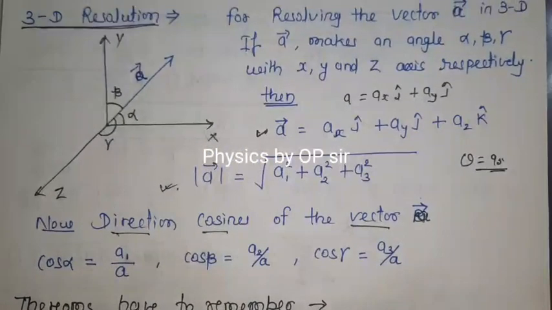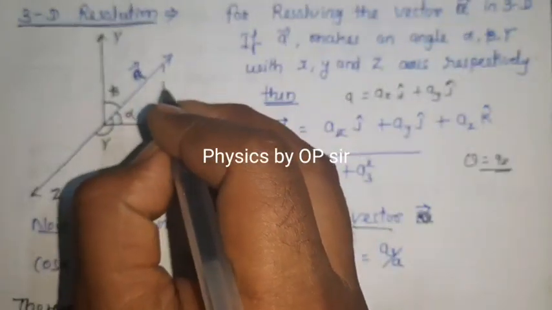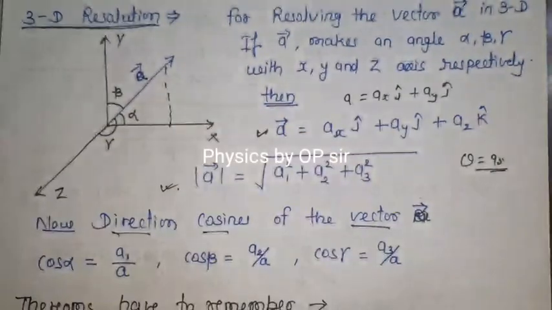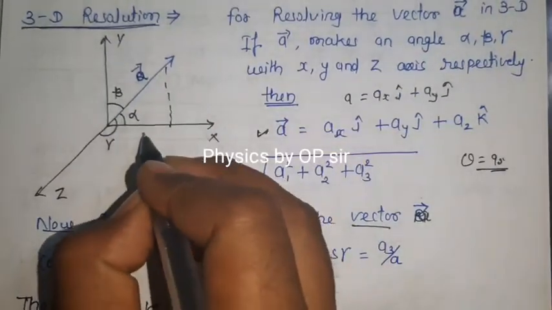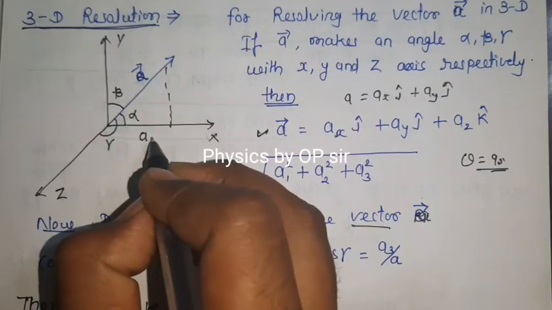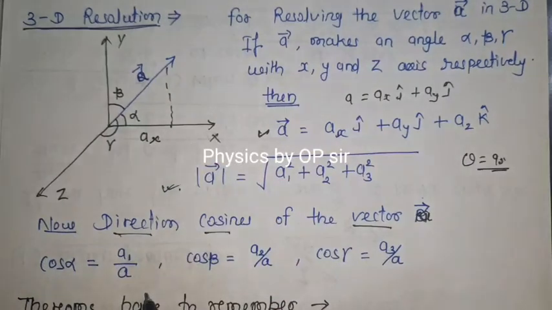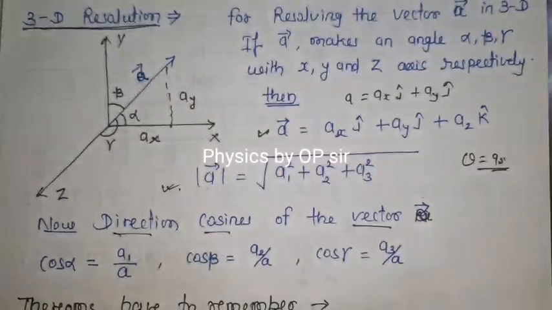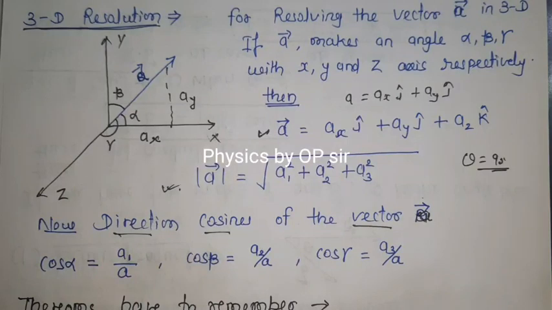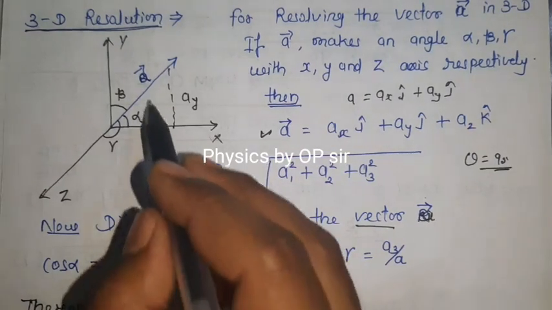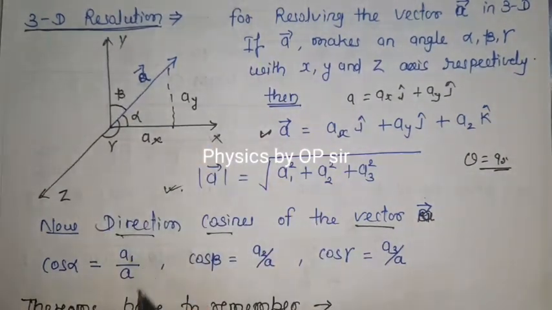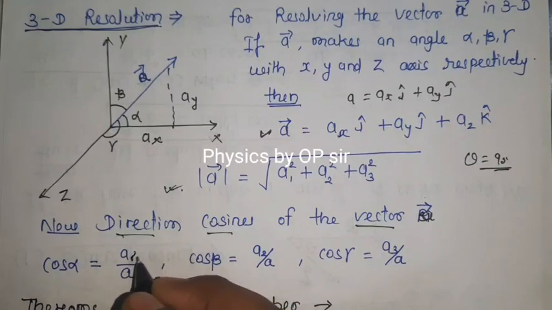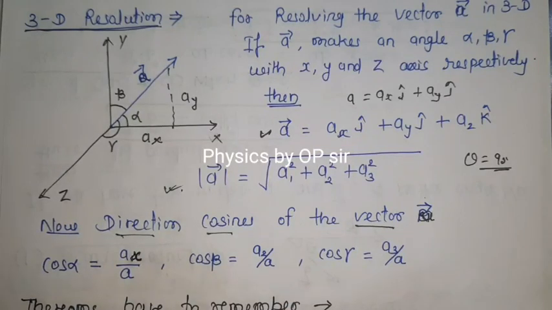See, if we draw the diagram in this way, this is your ax and this is your ay. In this diagram, cos alpha is base upon hypotenuse. The base is ax, so it is ax upon a.